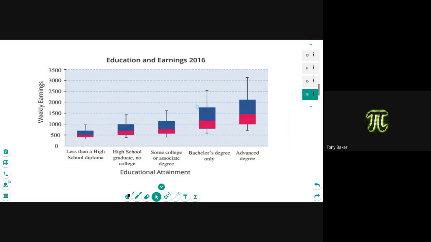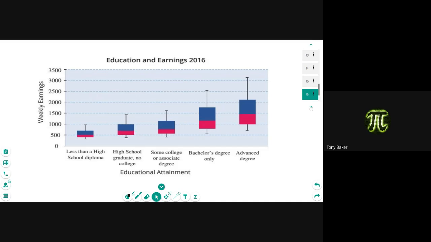But since it's so much more spread at the upper end, even if you had a bachelor's degree, you could earn well over 75% of what the advanced degrees earn. So getting an advanced degree doesn't automatically mean you're going to make a lot more money than anything below. It really depends on your field and a lot of other things.